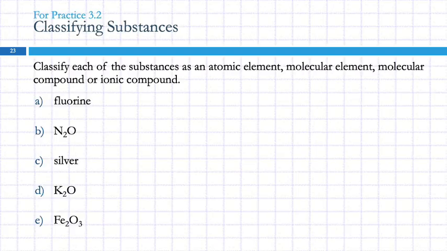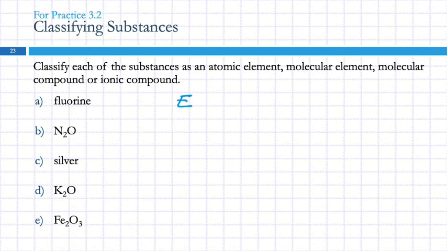We need to be able to classify substances as atomic elements, molecular compounds, or ionic compounds. So let's practice that. Fluorine. Element or compound? Element. So I'm going to put E for element.